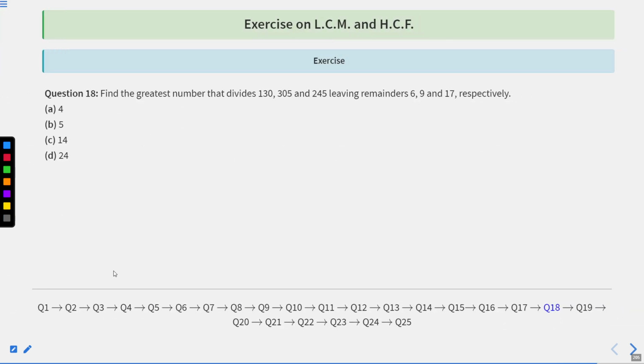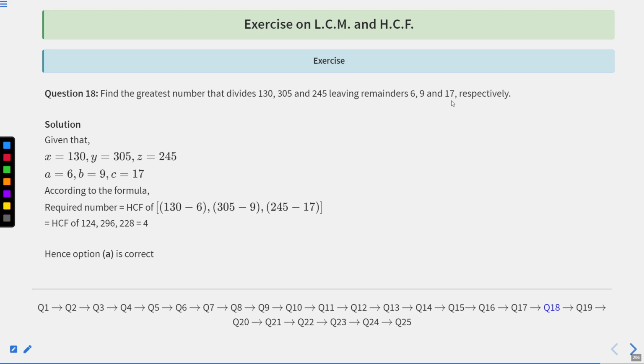Question number 18. Find the greatest number that divides 130, 305, 245, leaving remainder 6, 9, and 17 respectively. So in this question, it is given that x is equal to 130, y is equal to 305, and z is equal to 245.